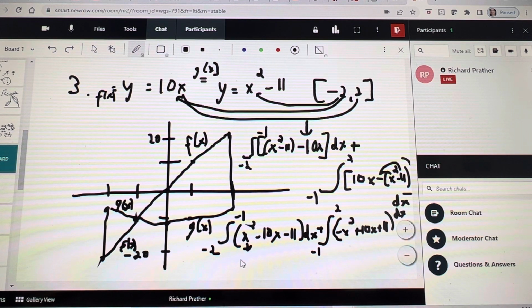So the antiderivative of this is x to the third over 3. This one is -10x to the second over 2. And then that's just -11x.